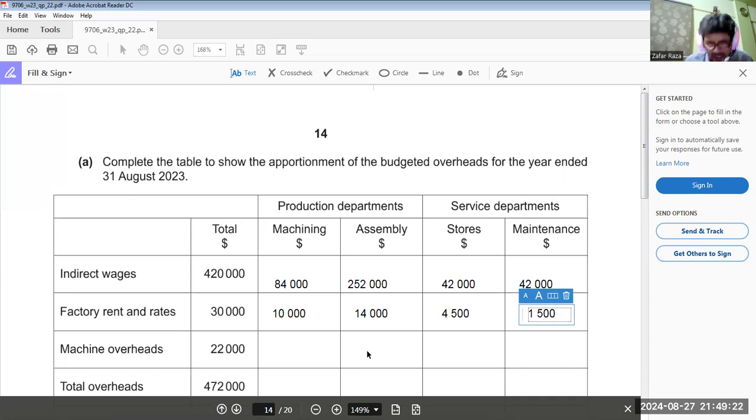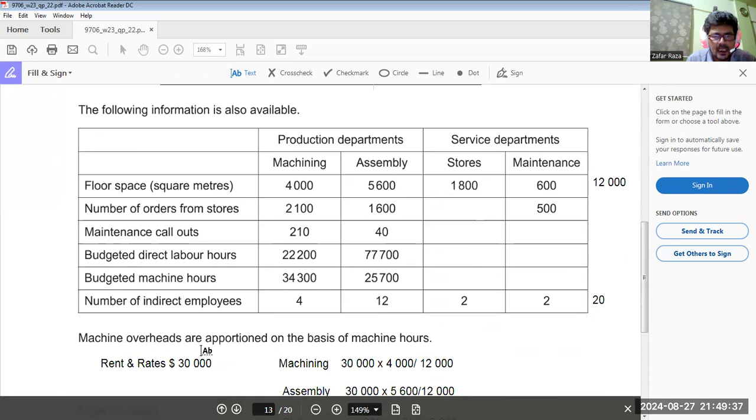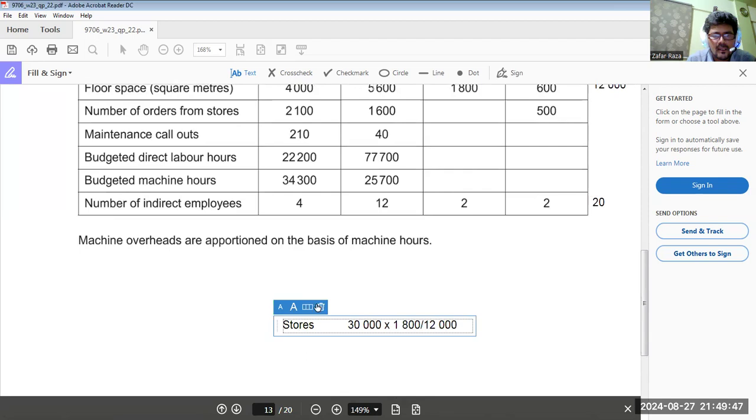Okay. Now we have machine overheads. Machine overheads will be divided only between production departments. It has nothing to do with the service department and stores. So machine overheads, they have strictly said machine overheads are apportioned on the basis of machine hours.